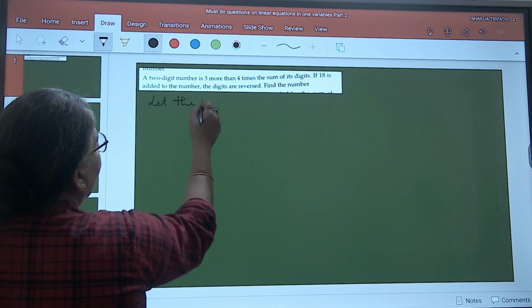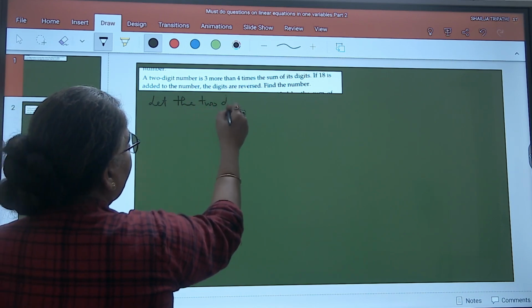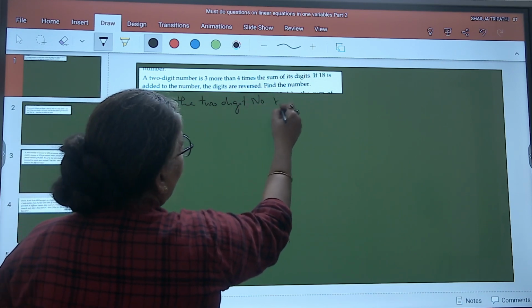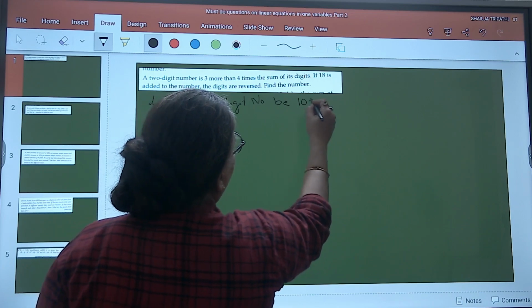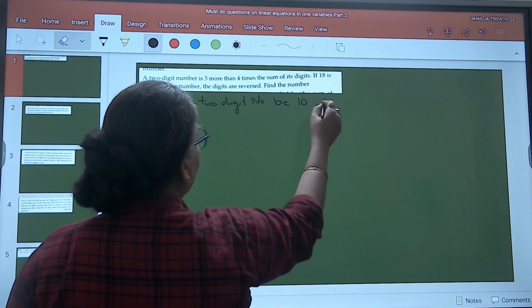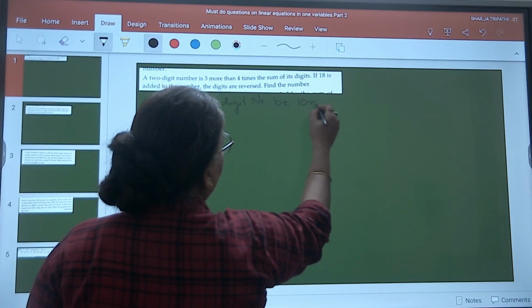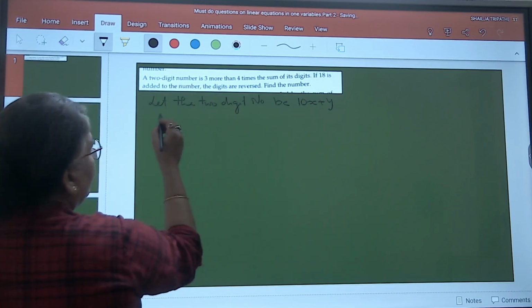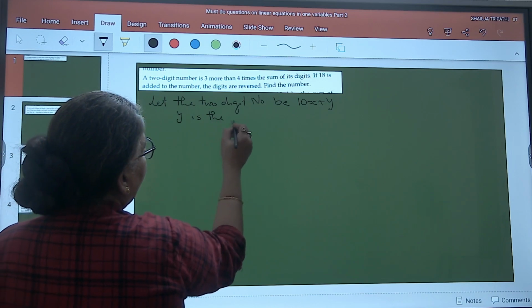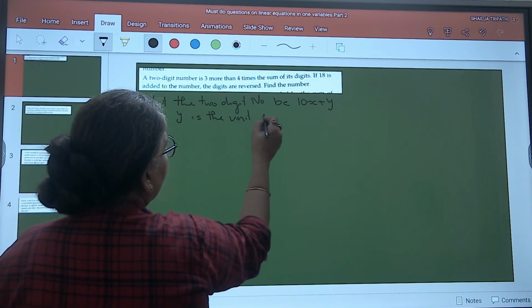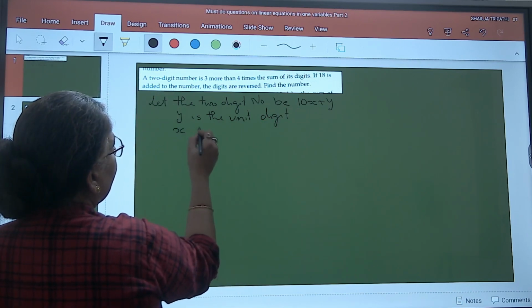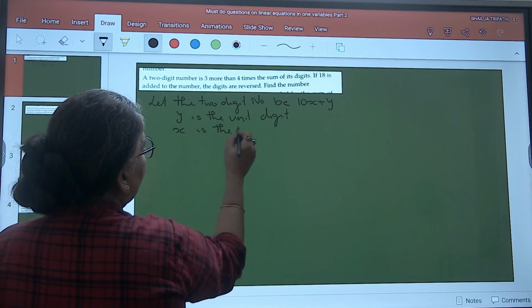Let the two-digit number be 10x plus y, where y is the unit digit and x is the tens digit.